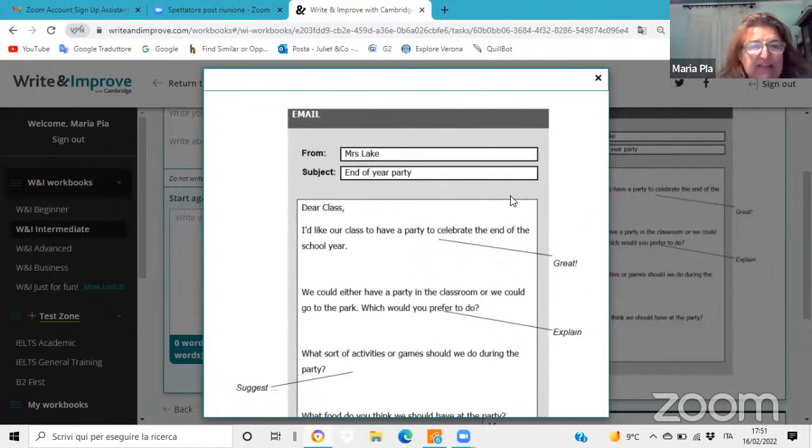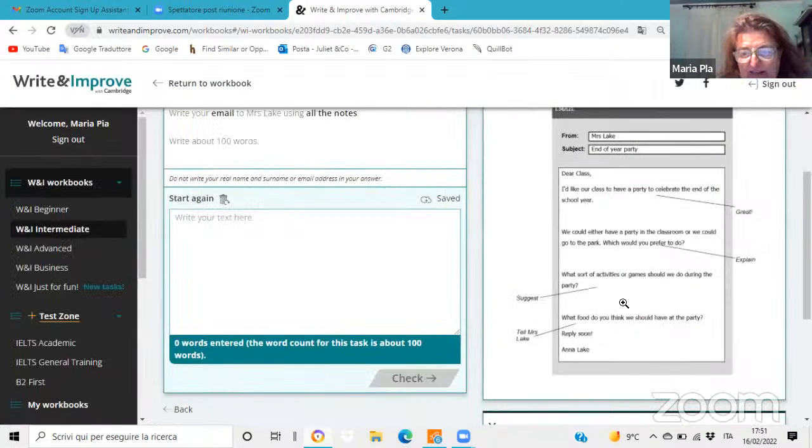Okay, so as usual, there are some points you have to write about. For example, you have to be enthusiastic about the party. You have to explain what you prefer and why. You have to suggest what activities or games, and finally, you have to tell Mrs. Lake what food, and the conclusion and signature.